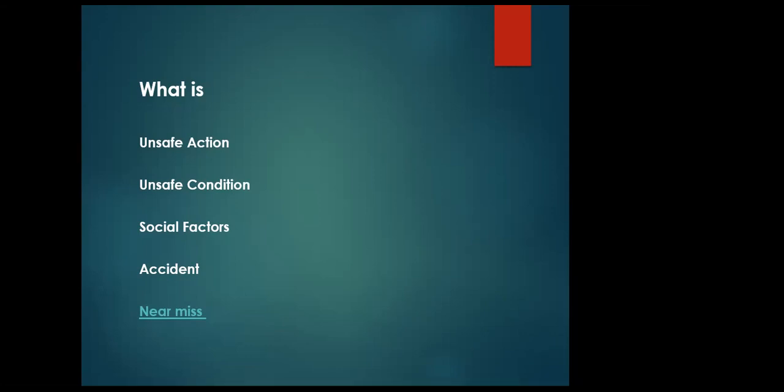Or cultural issues, like the organization itself or the people working in that organization, their culture itself is a problem. Like any dress code, even in the factory or at home, they use the same kind of dress code. Workplace culture is also one of the factors. And also in workplace culture, people give more importance to production only. There is no safety culture in the organization.